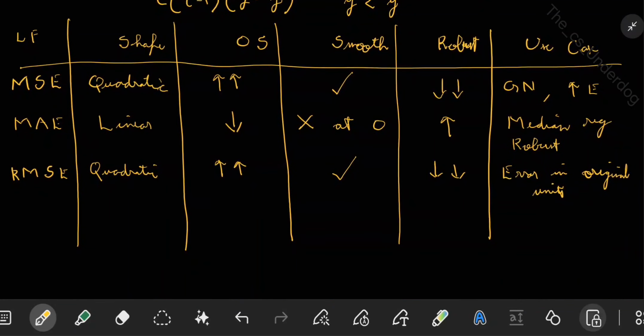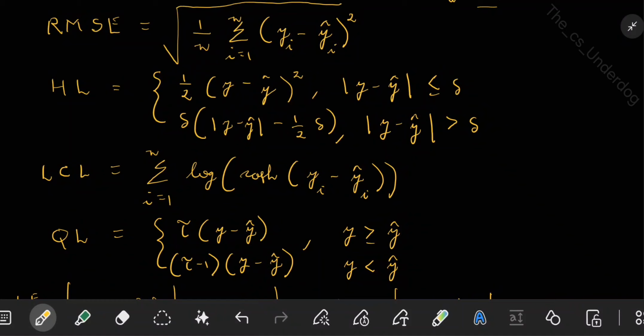What did we learn in the Huber loss lecture? What is the shape here? This is a bit interesting because previously you just had one function, so you can say it is quadratic or it is linear. But this time with Huber loss, you have two different formulas. One formula is quadratic, the other formula is linear.